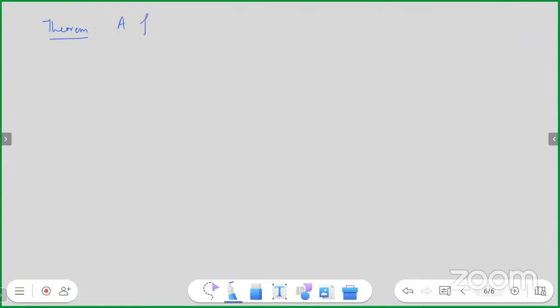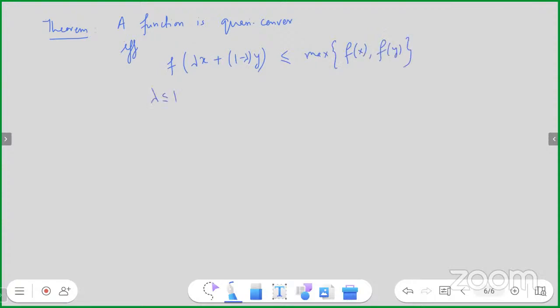A function is quasi-convex if and only if f of lambda x plus (1 minus lambda) y is less than or equal to the max of f of x and f of y, for lambda between 0 and 1 and x, y belonging to the domain.